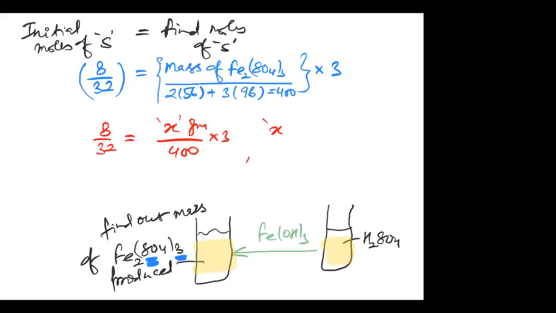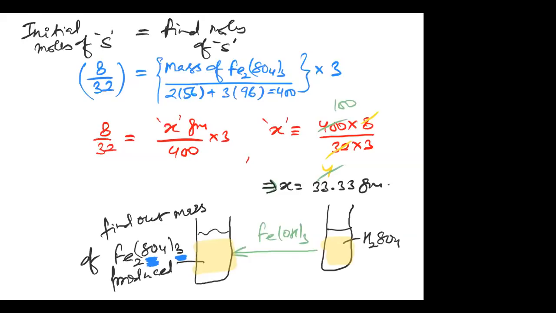From here x comes out to be 400 into 8 divided by 32 into 3, which is 100 by 3, so the value of x comes out to be 33.33 gram.